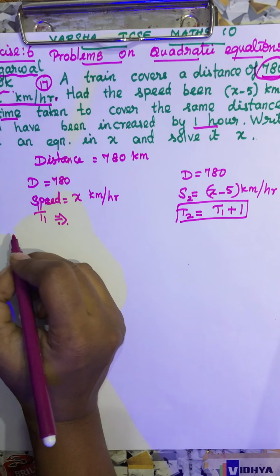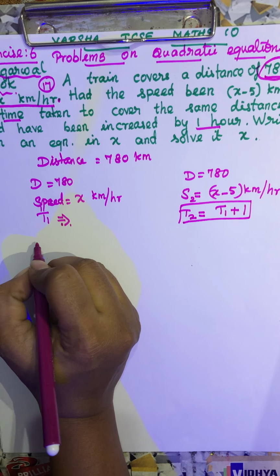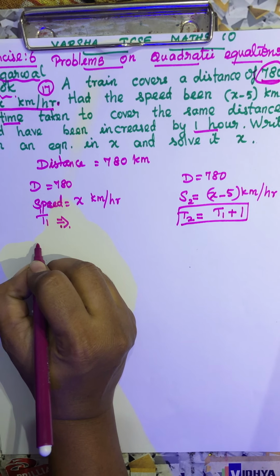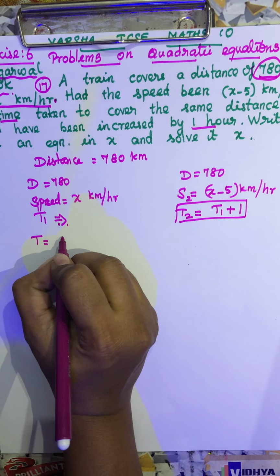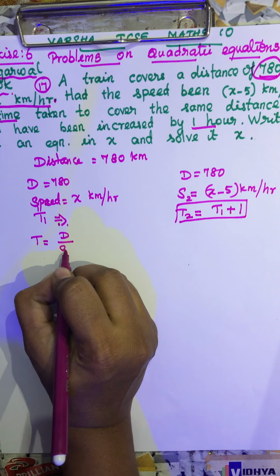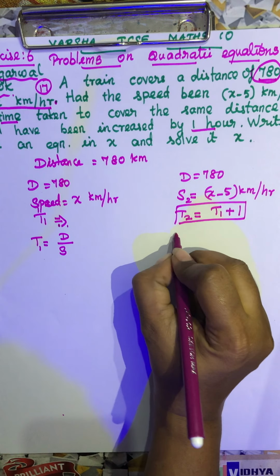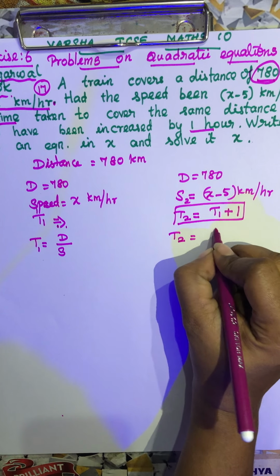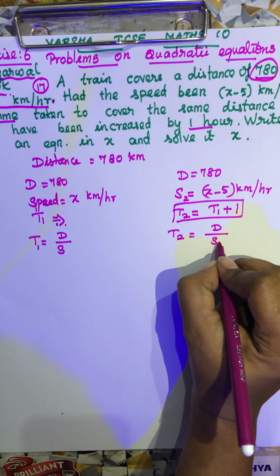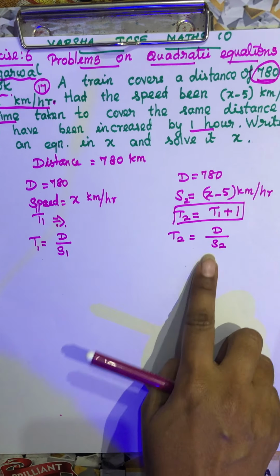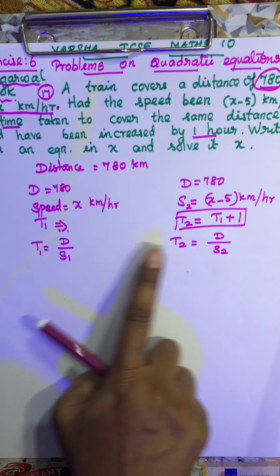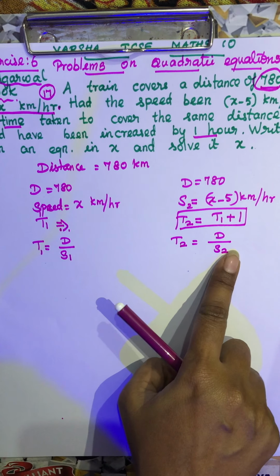What is our speed-time formula? Time is equal to distance by speed. This is for t1 and this is for t2, with s1 and s2.